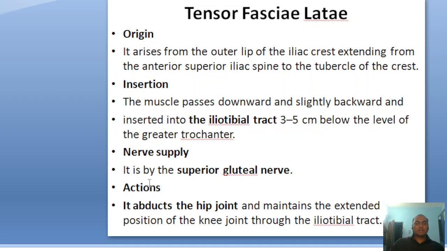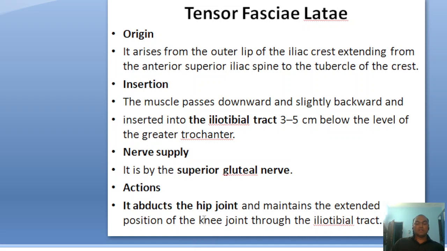Nerve supply: it is supplied by the superior gluteal nerve because it belongs to the gluteal compartment. Actions: it abducts the hip joint and maintains the extended position of the knee joint through the iliotibial tract.